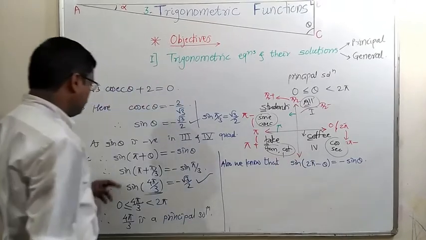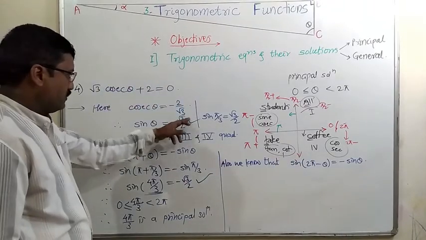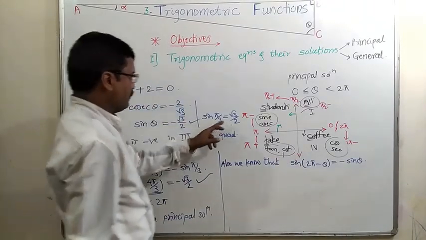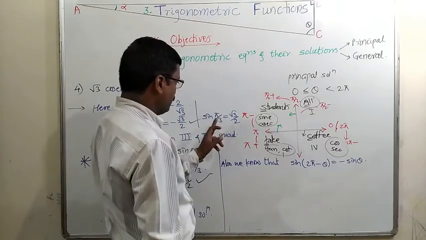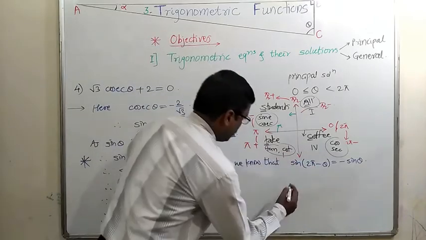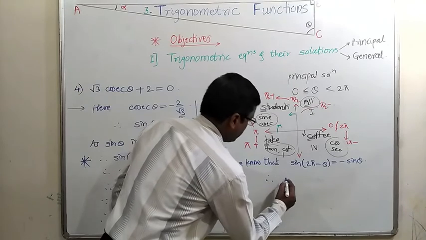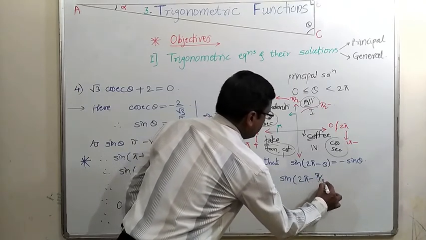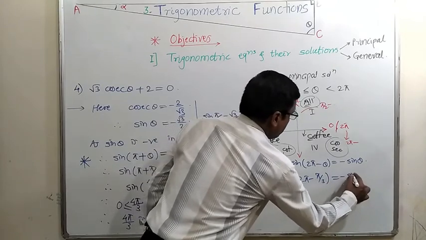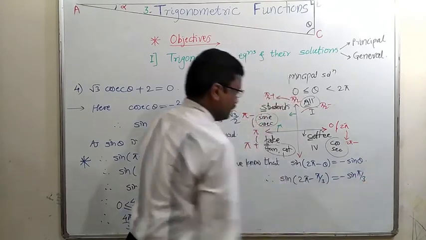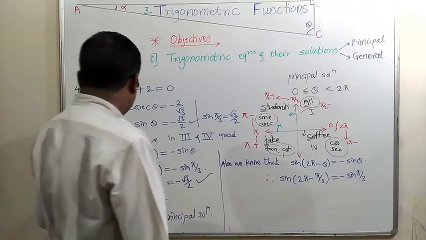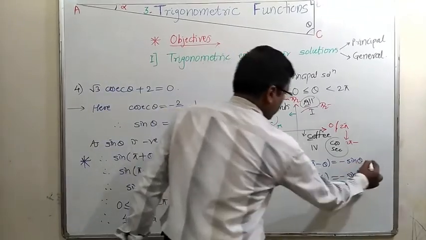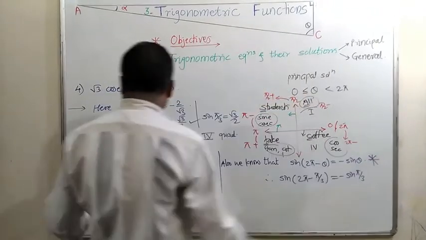So put again that theta here, for which we get root 3 by 2. For pi by 3 we get root 3 by 2. So put here theta as pi by 3. So we get sine of 2 pi minus pi by 3 is equal to minus sine pi by 3. This is our another important formula. These formulas are important here.